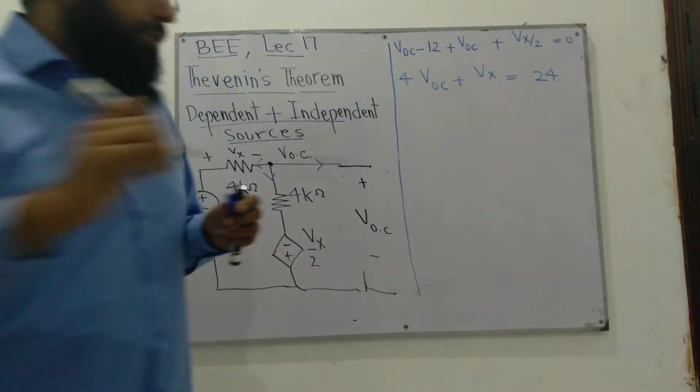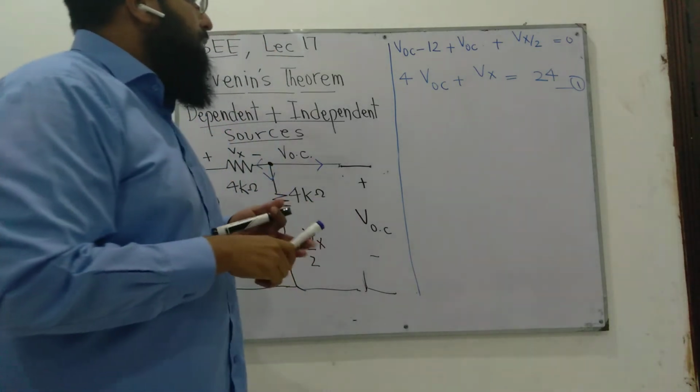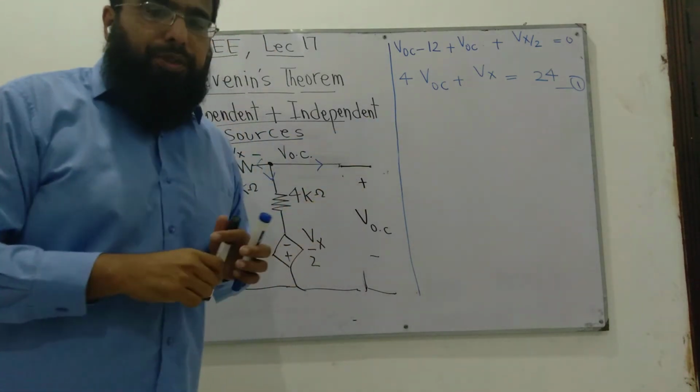So now we have one equation and two variables. In order to solve for VOC, we need one more equation.